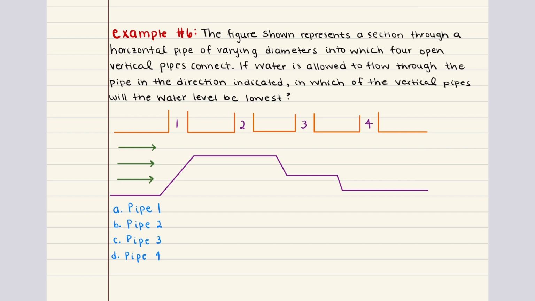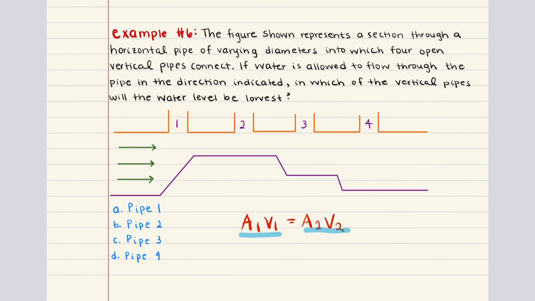Now, as water flows through the horizontal pipe, it encounters sections with different cross-sectional areas. This is going to be important, especially when we consider the continuity equation, which states that the product of cross-sectional area and velocity must remain constant for an incompressible fluid.